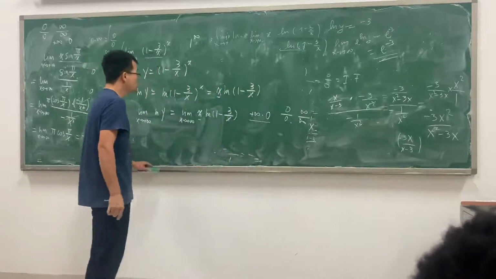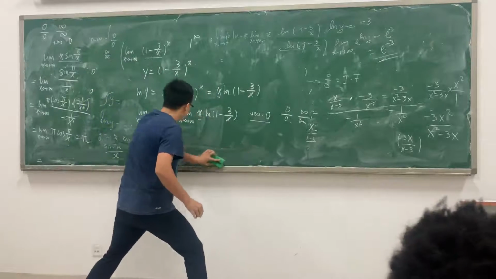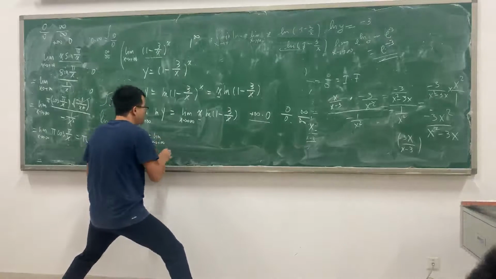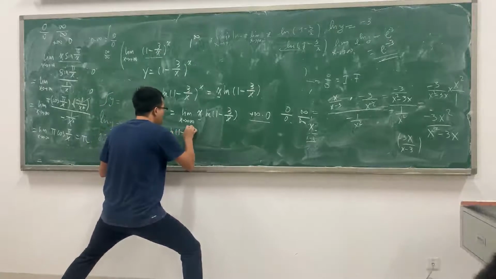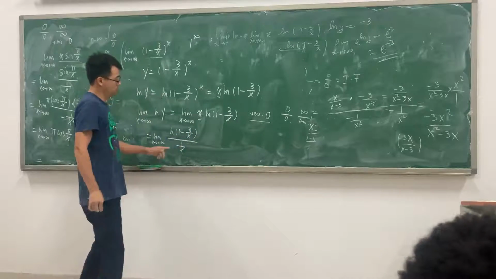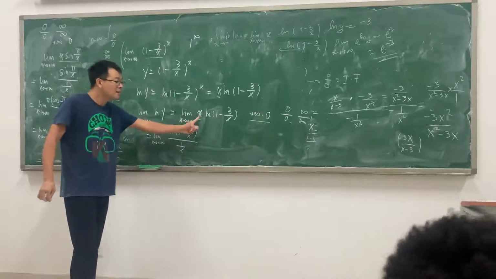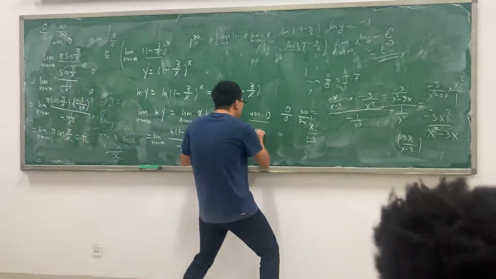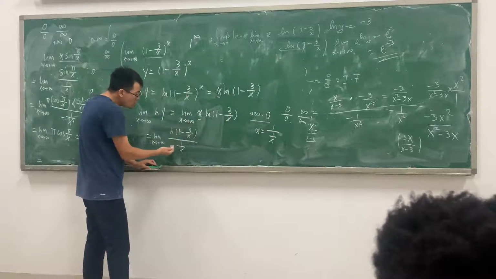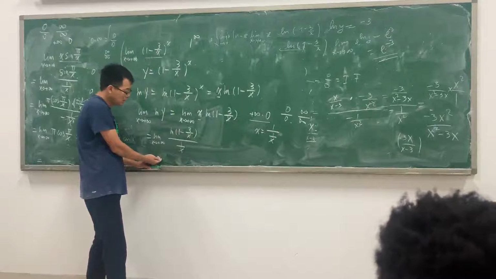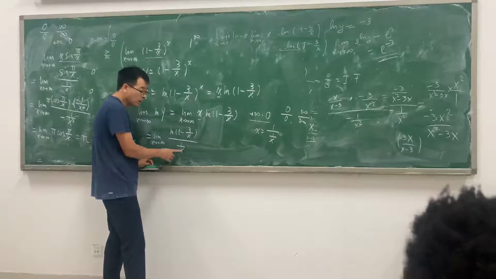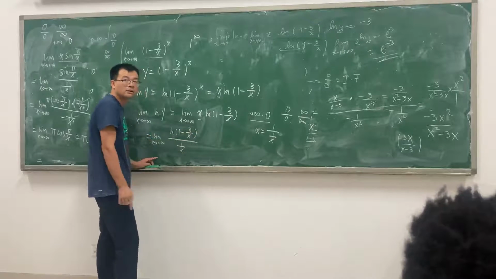So here equals the limit as x approaches plus infinity of ln of 1 minus 3 by x divided by 1 by x. We write x as 1 by 1 by x. So you can see as x approaches plus infinity, this part approaches 0, this part approaches 0, so 0 by 0.